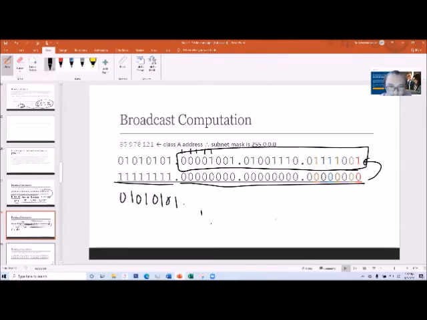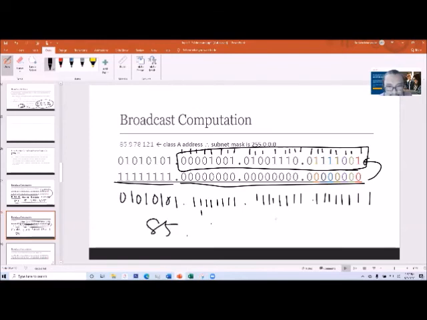Eight bits, eight bits, eight bits, and bring it down: 11111111 dot 11111111 dot 11111111. That will be your answer. If you convert that back into decimal form, this is still 85, and the ones are all 255.